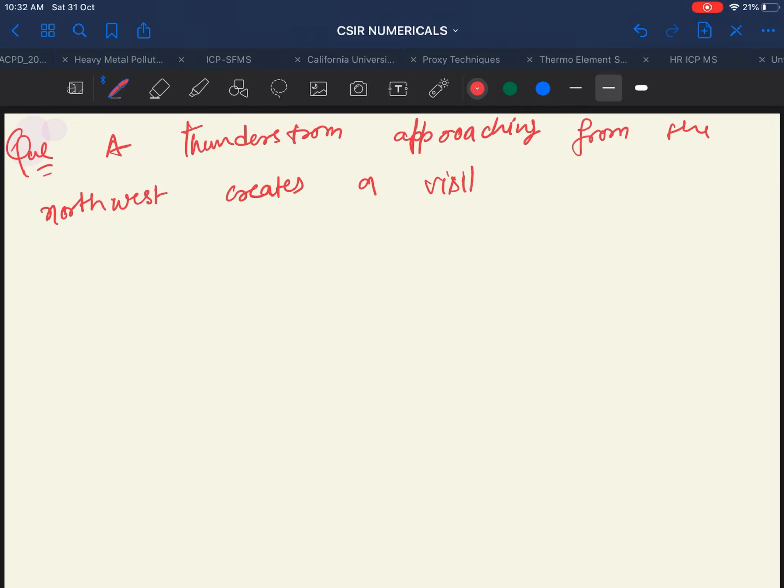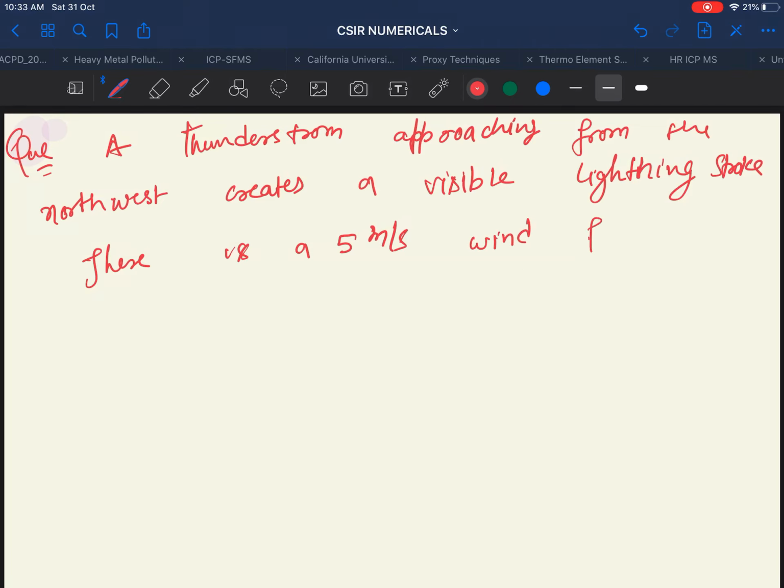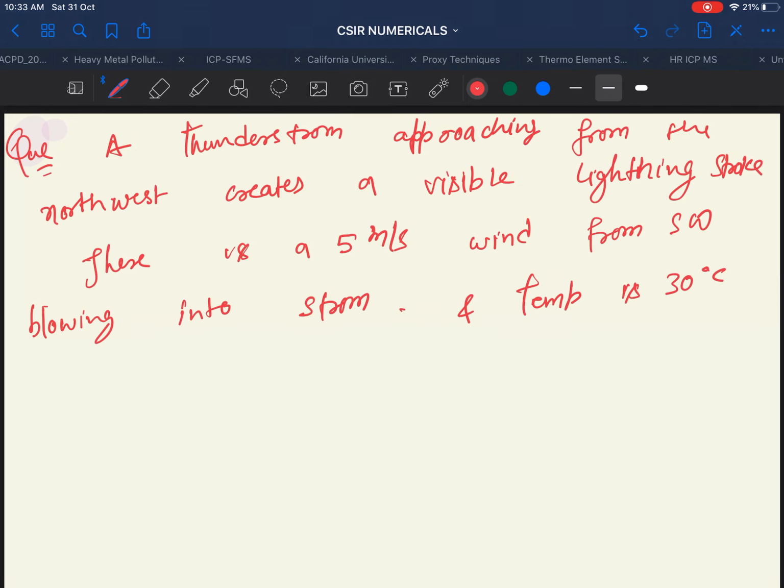creates a visible lightning stroke. There is a 5 meter per second wind from the southwest blowing into the storm and the temperature is 30 degrees Celsius.